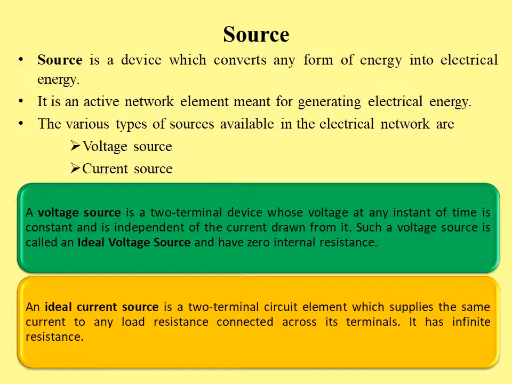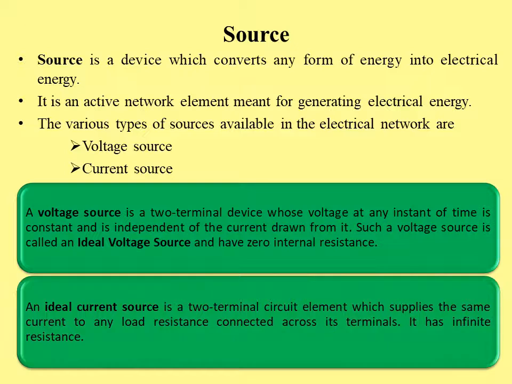Such a voltage source is an ideal voltage source and it has zero internal resistance. But in practice, no ideal voltage source exists. Each voltage source has a small internal resistance. So the voltage may be almost constant, but it does not remain exactly constant with respect to time.